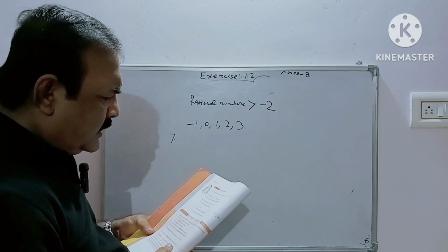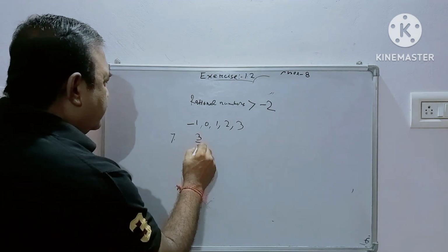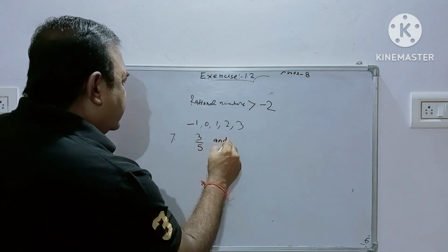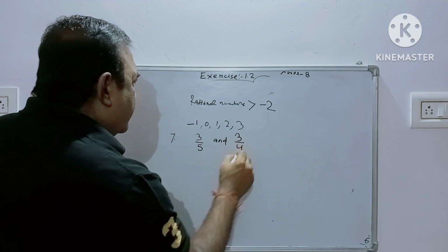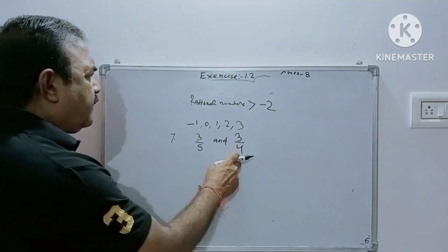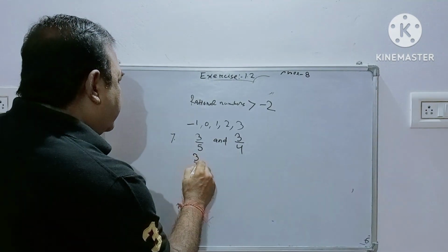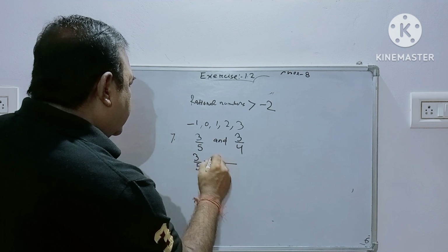Find 10 rational numbers between 3/5 and 3/4. You can do it easily. Make the denominator same. So the LCM of 5 and 4 is 5 into 4, that is equal to 20. So we have to make the denominator 20.